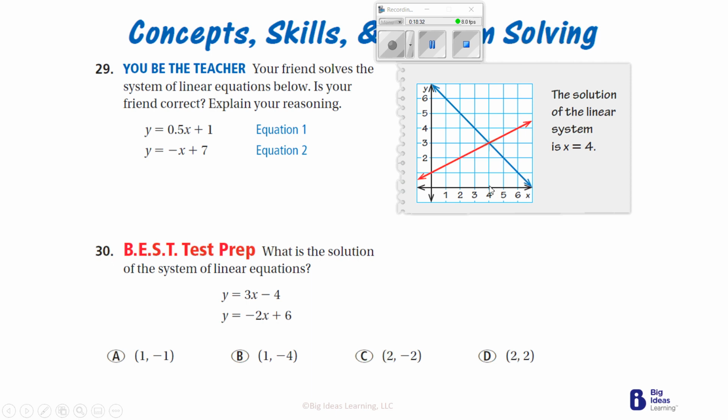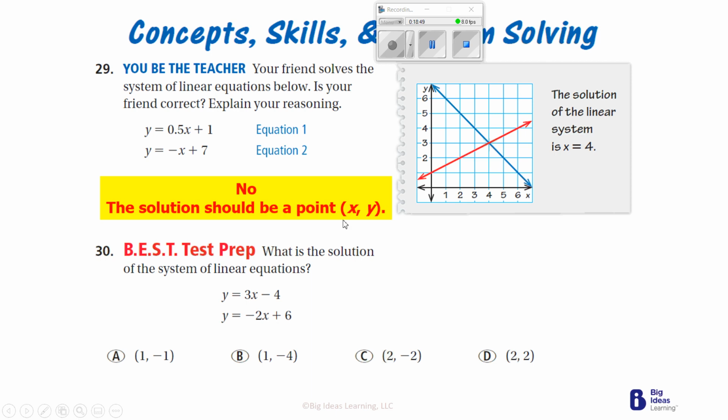And it says here they're going to cross at 4 and 3. It says the solution of the linear system is x equals 4. No, I would say it's going to be 4 and 3. Solution should be x, y, right? So that would be 4 and 3.